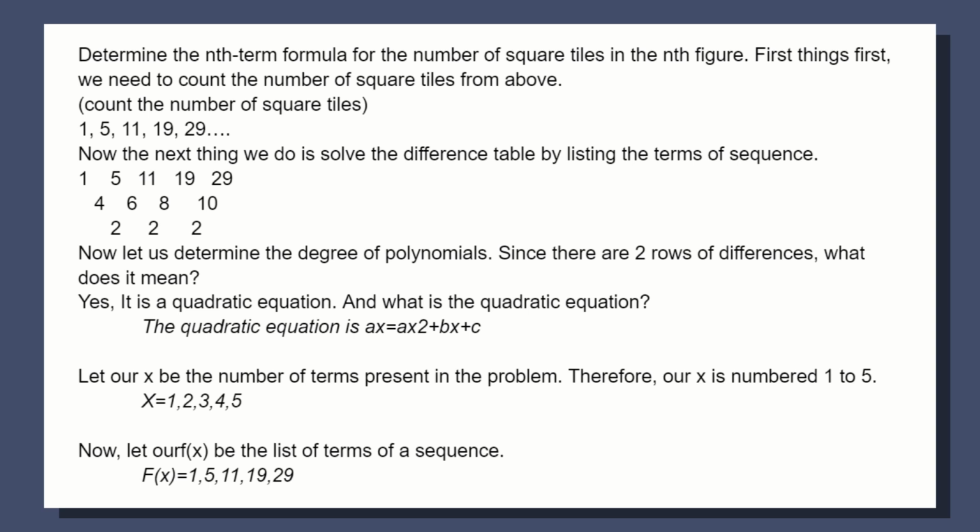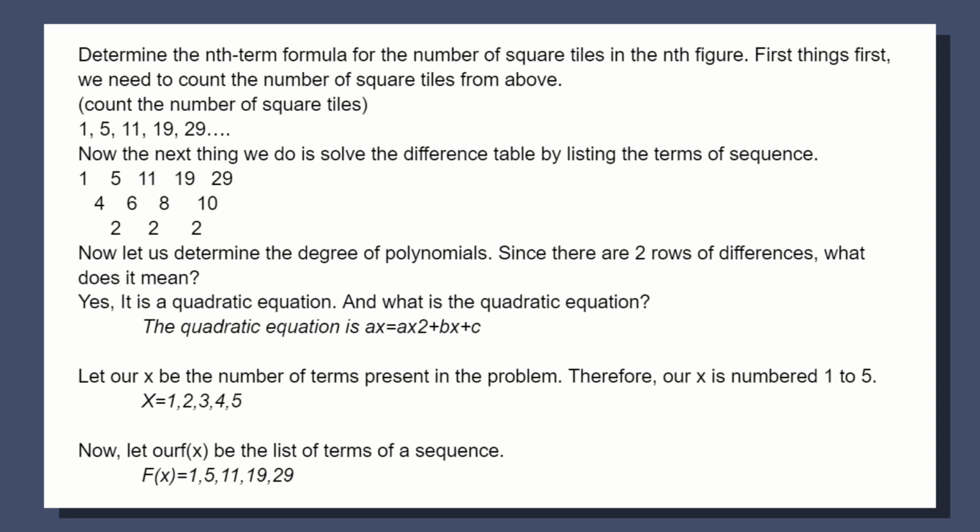Let our x be the term number in the problem. Therefore, our x is numbered 1 to 5. Now, let our f(x) be the list of terms of the sequence 1, 5, 11, 19, and 29.